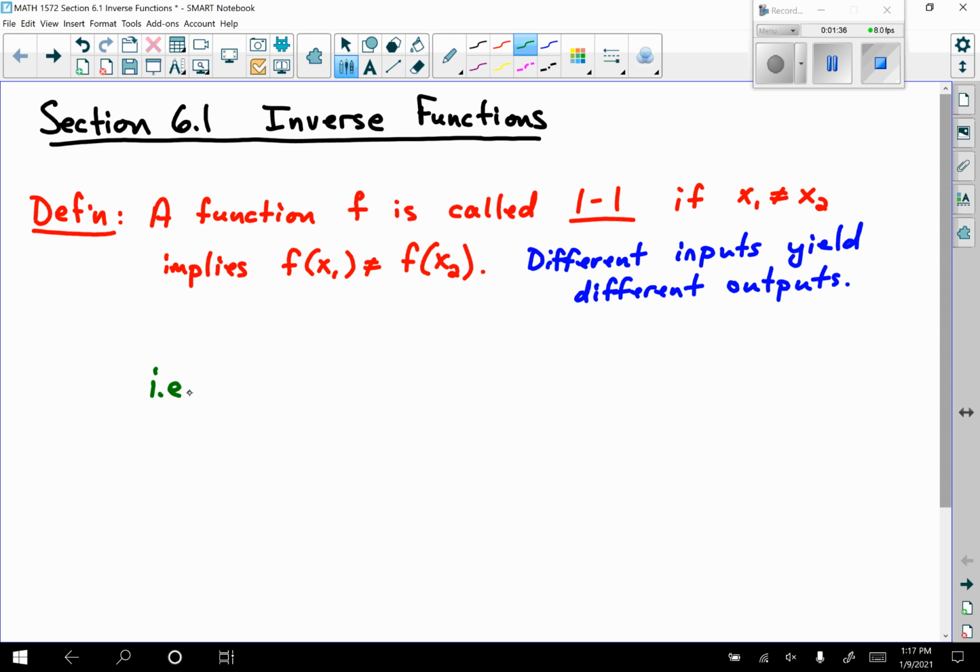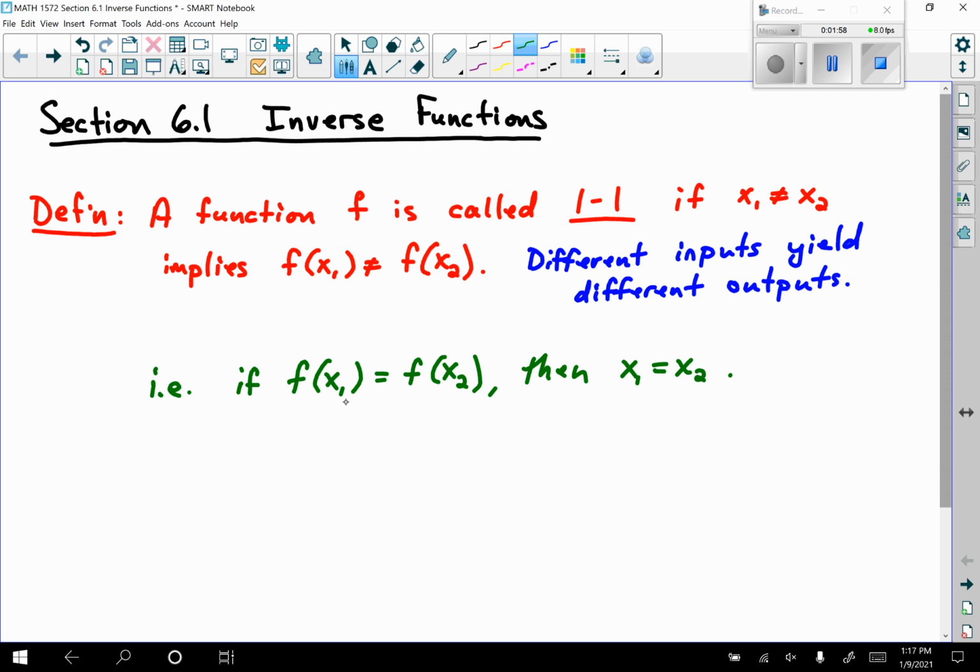In some of the ways we're going to check, we're going to use this. So for example, if our outputs happen to be the same, so if f of x sub 1 does equal f of x sub 2, that can only happen if our two x values are equal. And this is kind of how we verify algebraically.